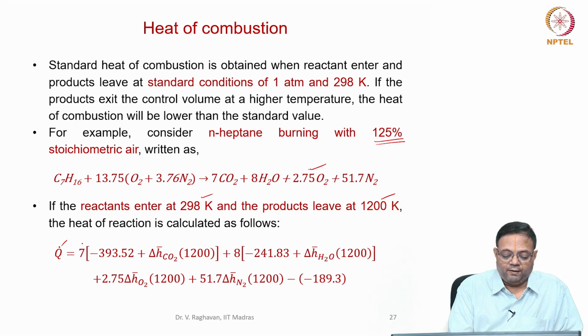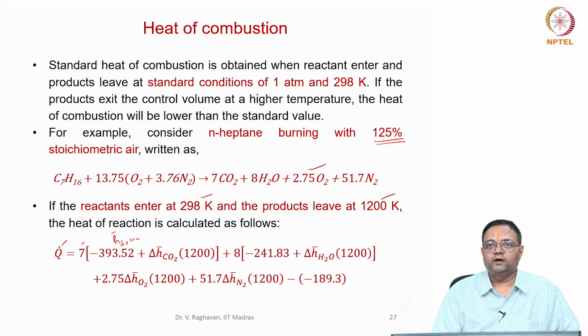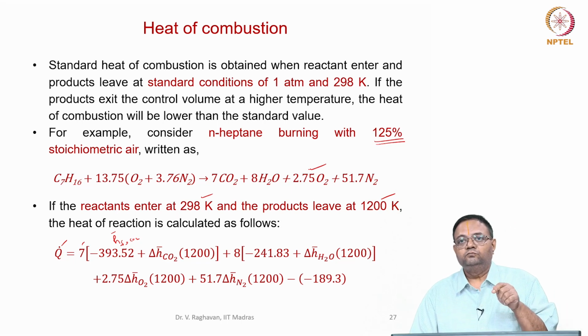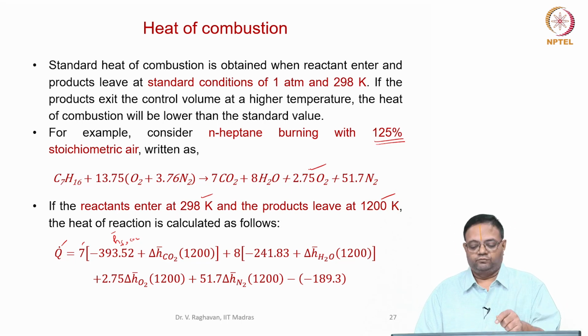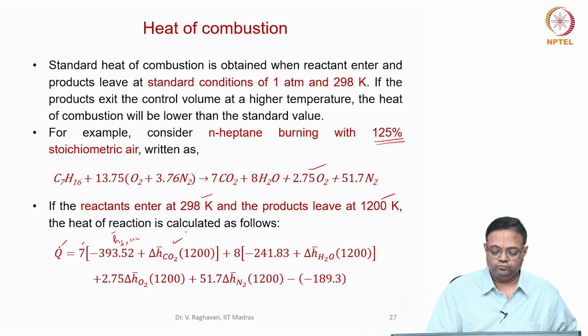So, here I am writing the product side, 7 kilomoles of CO2 per second. This is the enthalpy of formation of CO2 plus this is sensible enthalpy. Okay. Again, there are correlations or tables from which I can get this value.